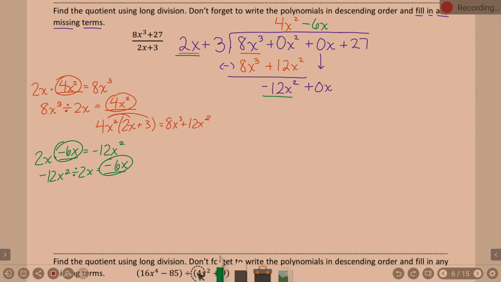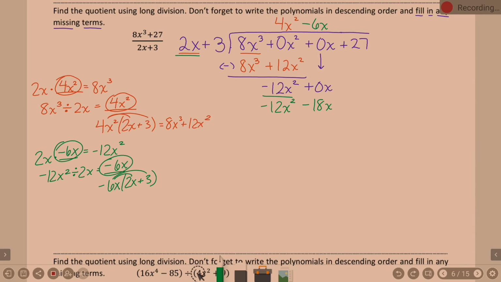Okay, multiply. Negative 6x times 2x is negative 12x squared. Negative 6x times 3 is minus 18x.